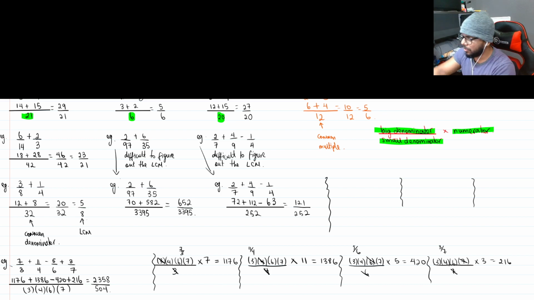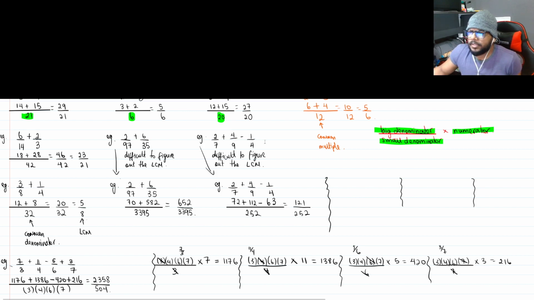That's it. So if I perform the same procedure for any one of the questions above, I'll get the same answer. And I want you all to honestly try it. Pause the video, go back into all of the previous examples and try to work out the questions using big denominator over small denominator multiplied by numerator, and see if you don't get the same answers as we got before.